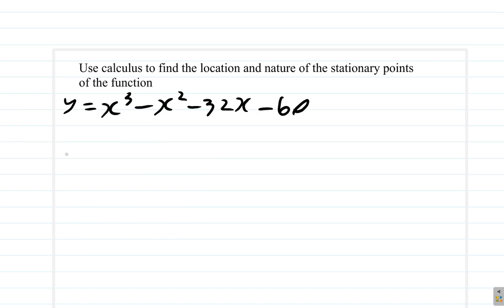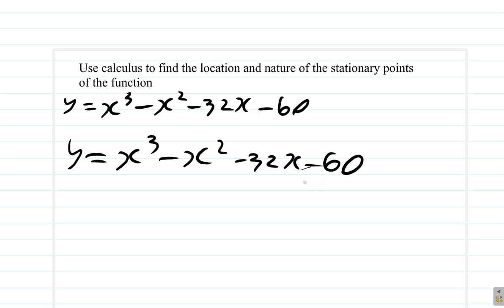Anyway, let's see what happens here now. We have y equals x cubed minus x squared minus 32x minus 60. We find the gradient function. So we differentiate. We say dy by dx equals. So we're finding the rate at which y is changing with respect to x, dy by dx.